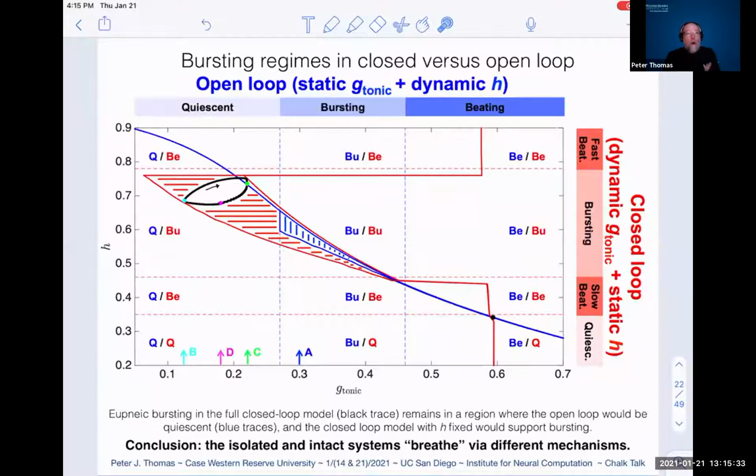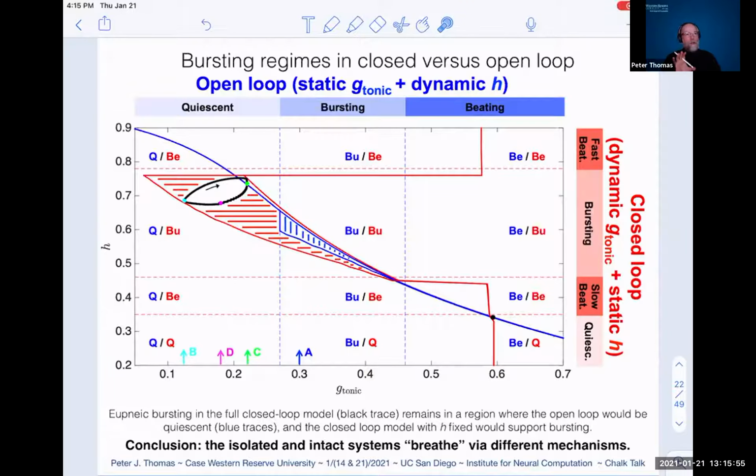So Chris Wilson was able to do an experiment in which we did a couple of things. Chris and Casey set up a dynamic clamp experiment in which we simulated the Butera-Rinzel-Smith model. Let me rephrase that.